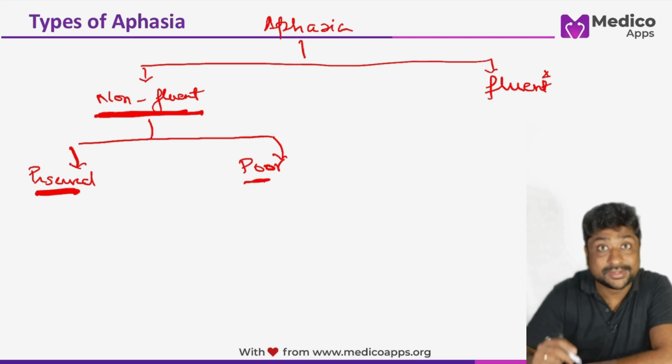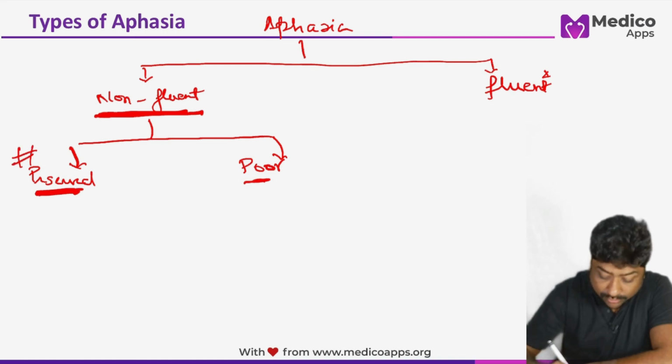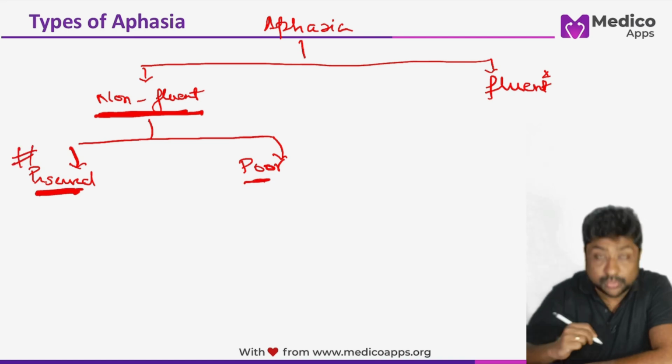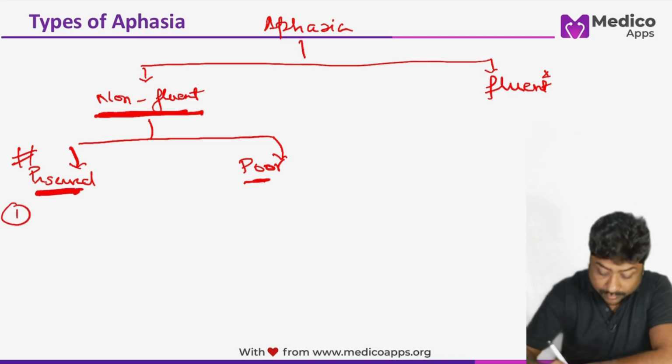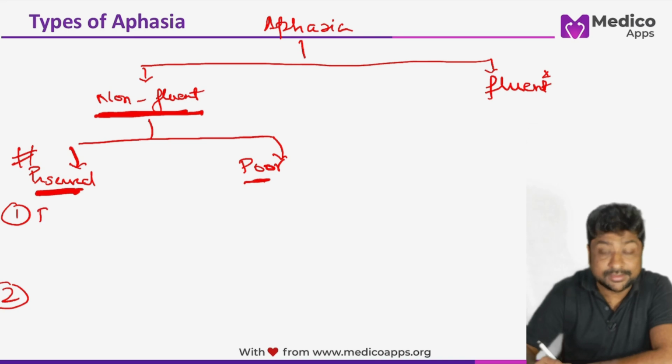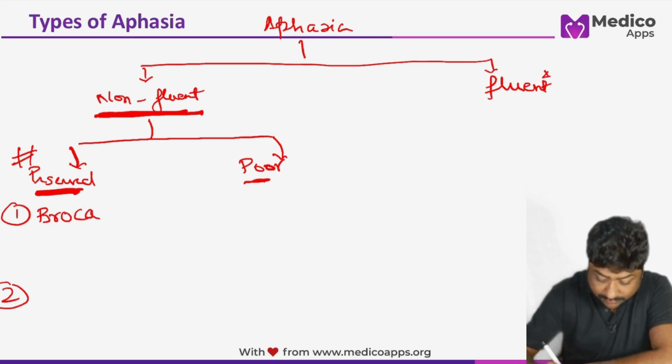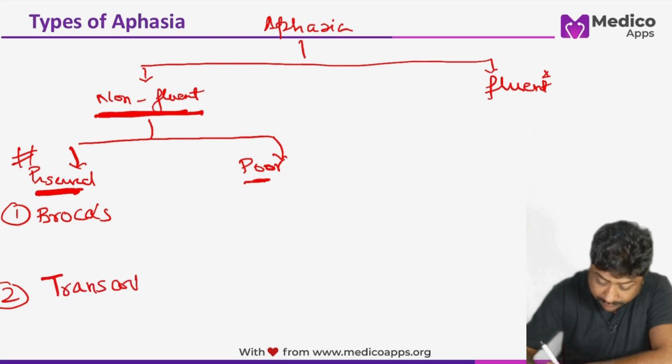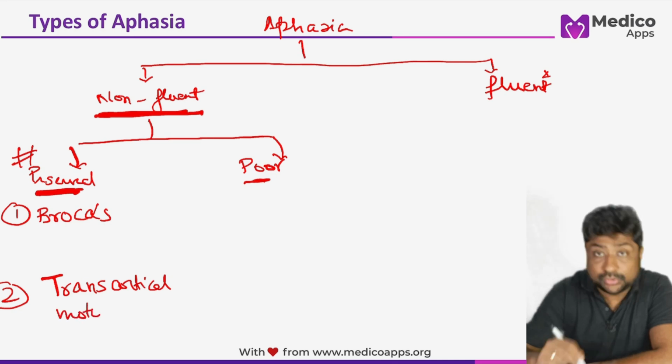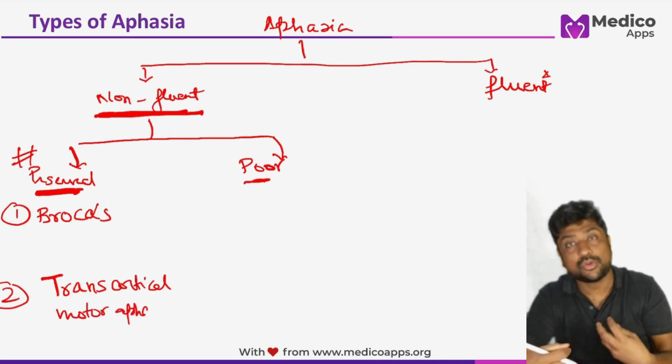In this non-fluent, comprehension preserved category, we have two different types of aphasia. One is Broca's aphasia and the second is transcortical motor aphasia.